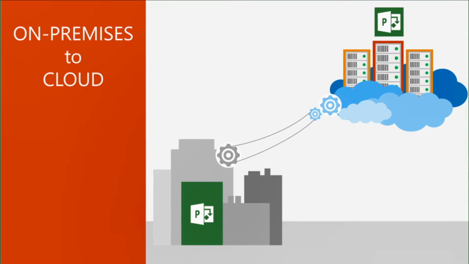All right, so just to set the stage a little bit, we know that there are a lot of different offerings out there. We have customers that are on-premises and on Project Server. How many customers right now are either using Project Server on-premises or have used it in the past? Good, wow, more than half of the audience. How many people are using Project Online already? Great, about a third of the audience.